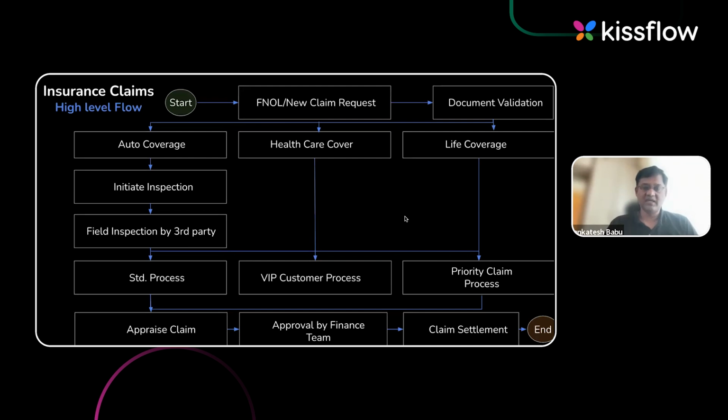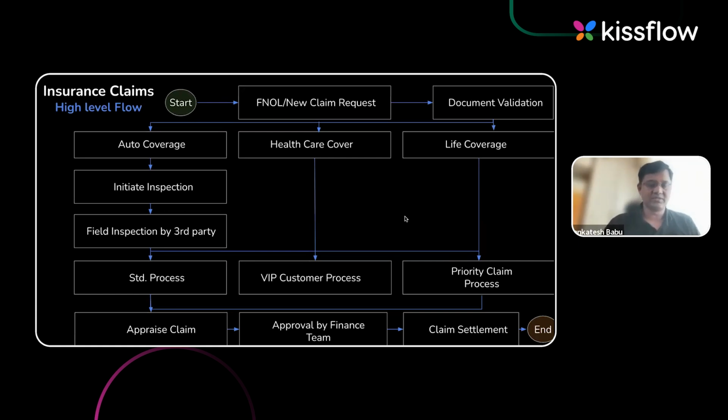This is the high-level claims flow, as we brought up, starting from the request, which has three verticals: auto claim, healthcare claim and life coverage. The process and steps I show here are just simple flows, and I'm not debating how it should be.